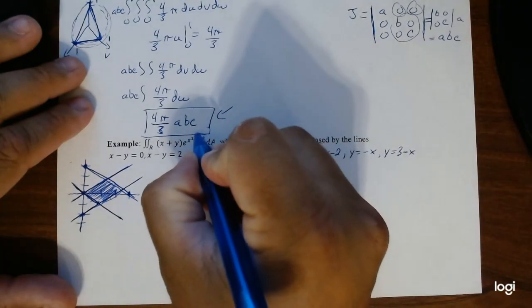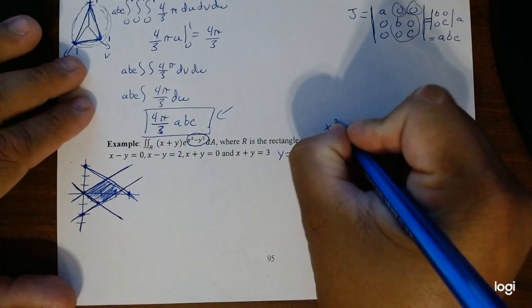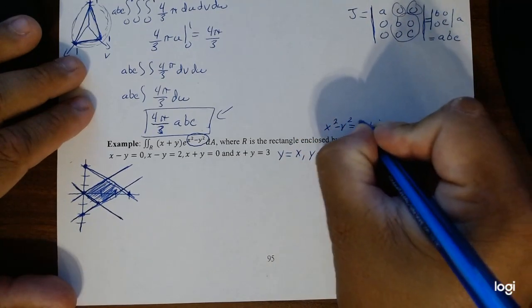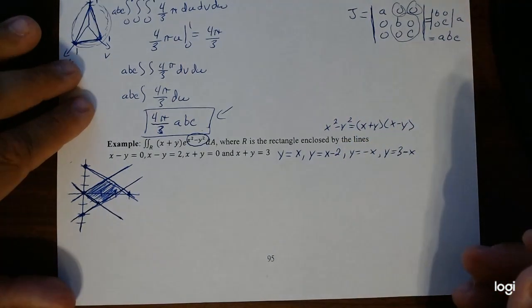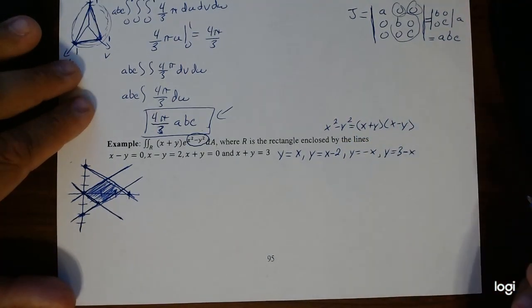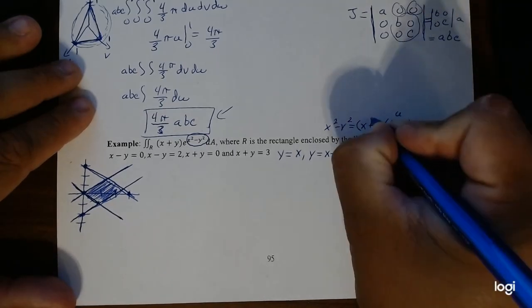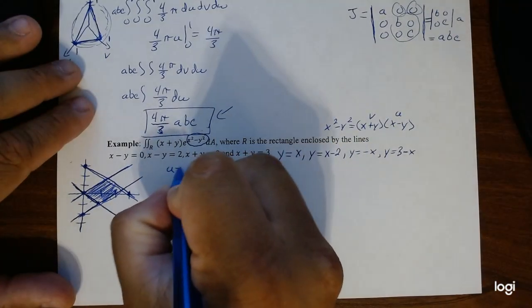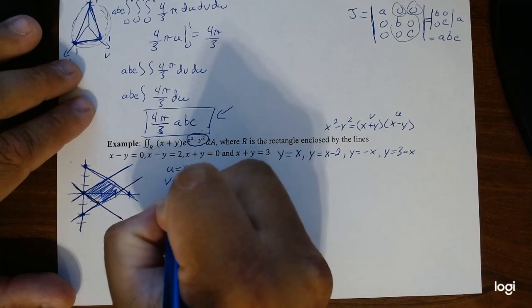I'm just going to rewrite this part right here, because that's a difference of squares. In fact, why don't we just let those be u and v? So we'll let u equal x minus y, and v equal x plus y.